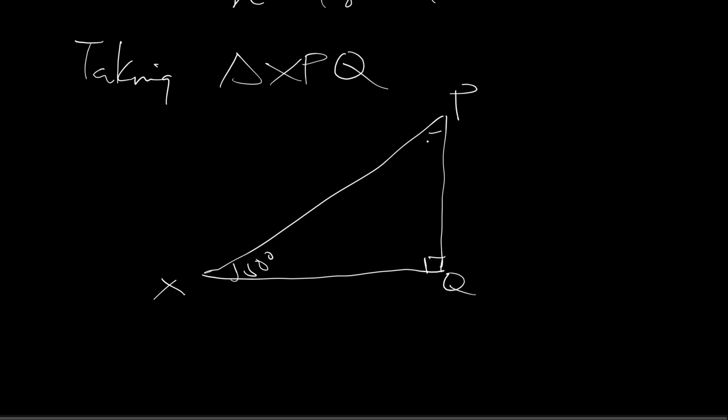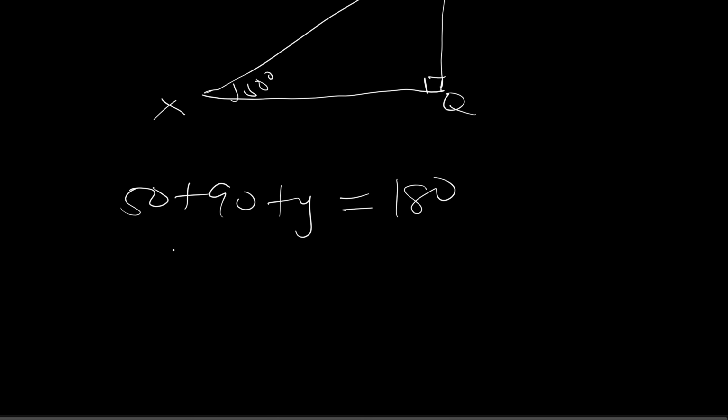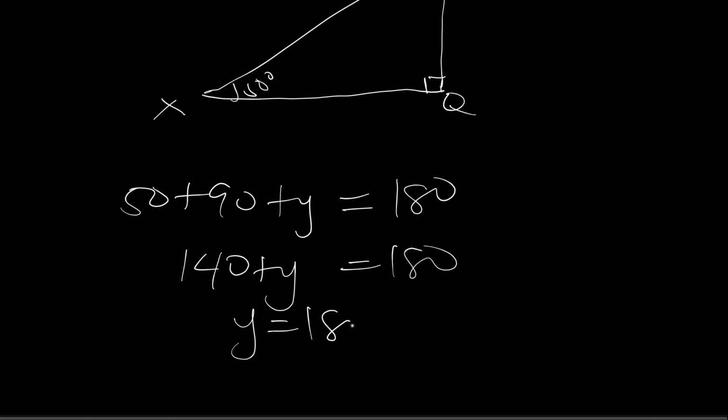So here will be y. Now we can say that 50 plus 90 plus y is equal to 180. So 140 plus y will be equal to 180. Now when we make y the subject, y will be equal to 180 minus 140, which is equal to 40 degrees.